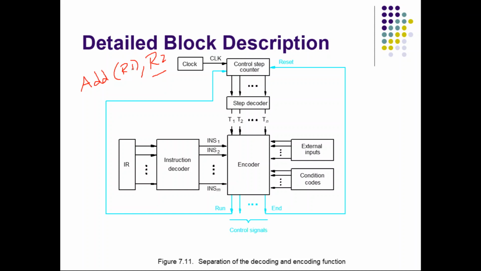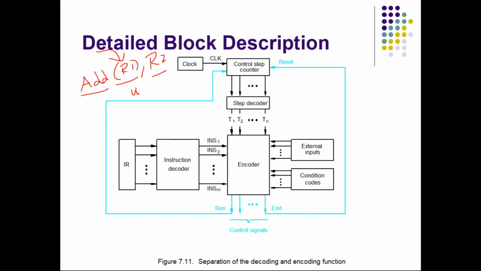It may initially request a read on r1. R1 represents some memory location, so the processor may move that address to MAR and generate a read signal. Meanwhile it may update the PC, but beyond that it cannot do anything else, because the add can be completed only if the first operand data, available in this memory, is available in the processor. So in that case it has to wait.